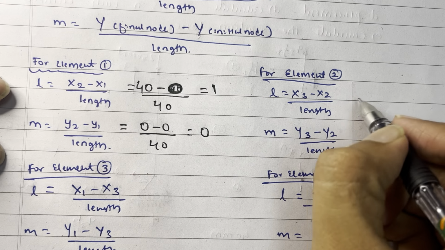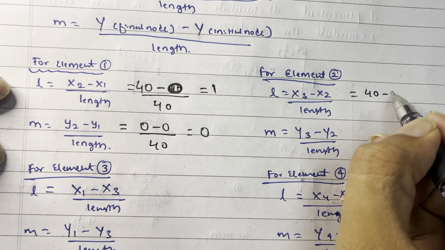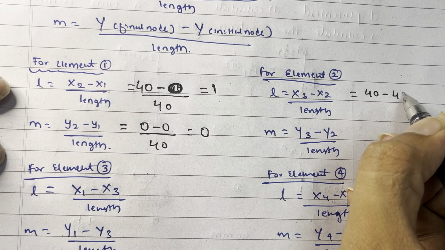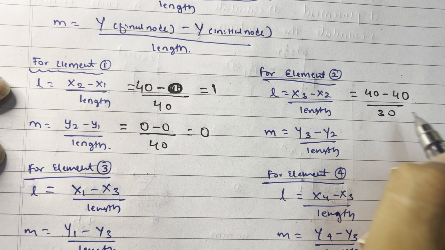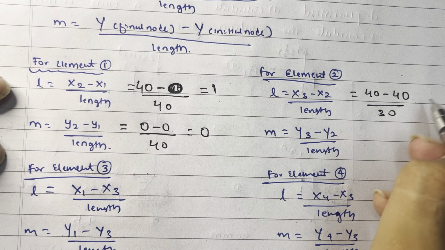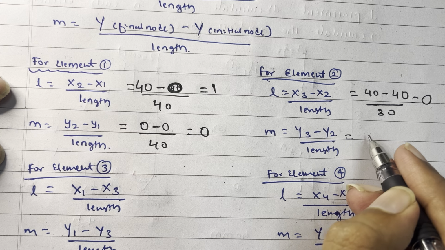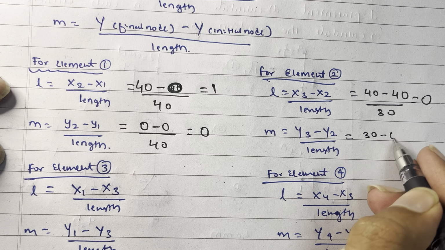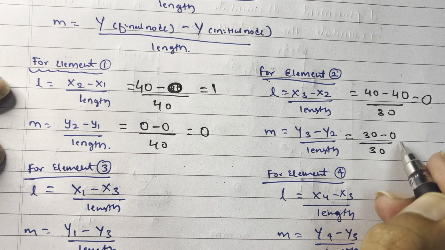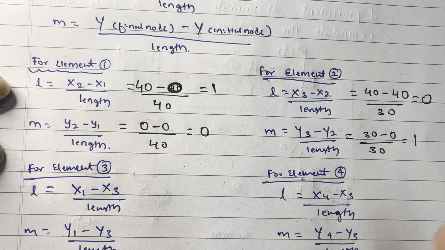For element 2, x3 is 40, x2 is 40 divided by 30. Okay, 40 minus 40 is 0, 0 by anything is 0. Similarly, y3 is 30, y2 is 0 divided by length 30, 30 by 30 is 1.